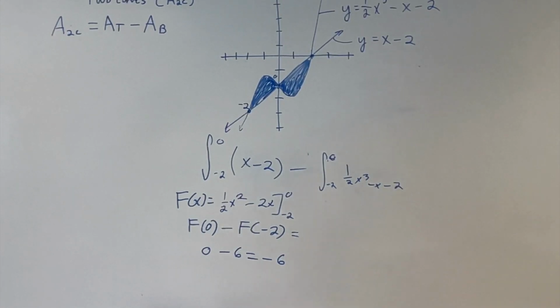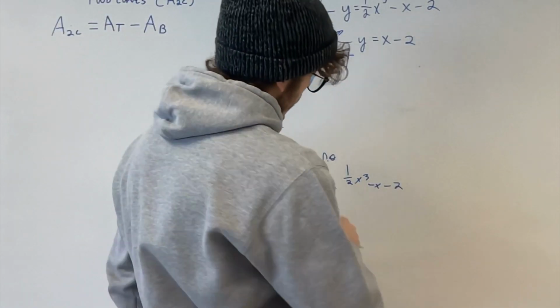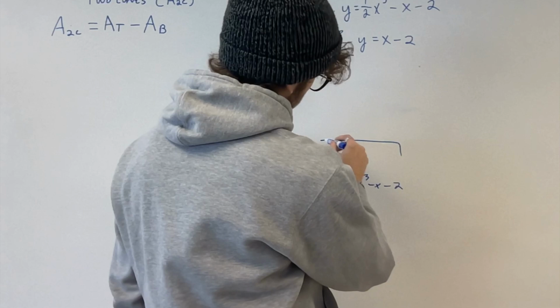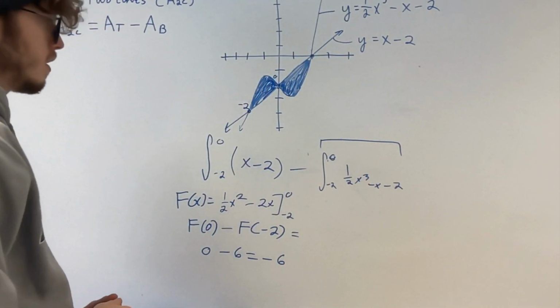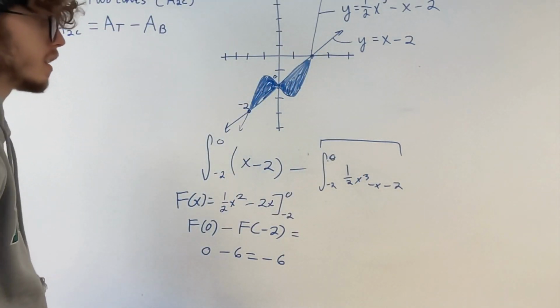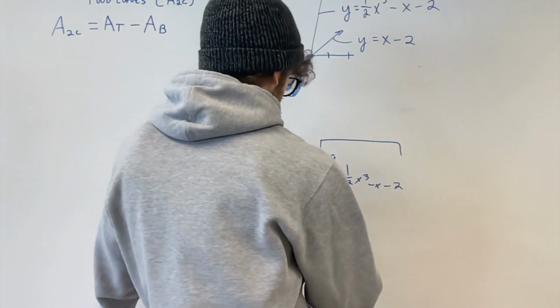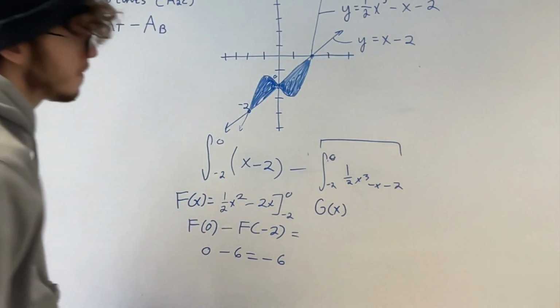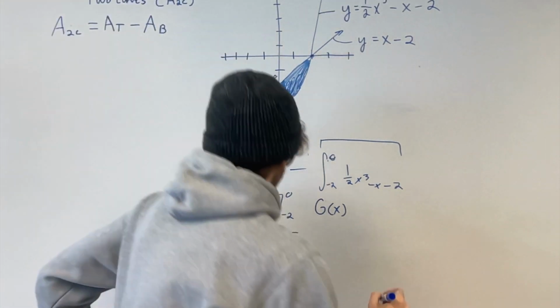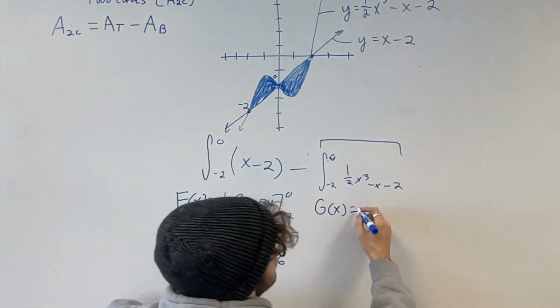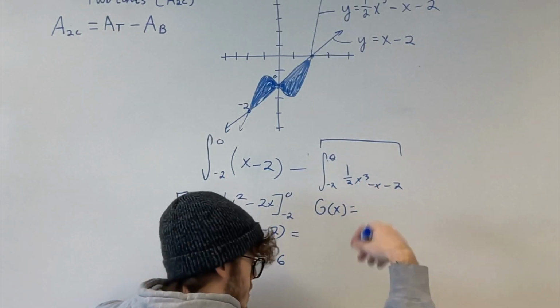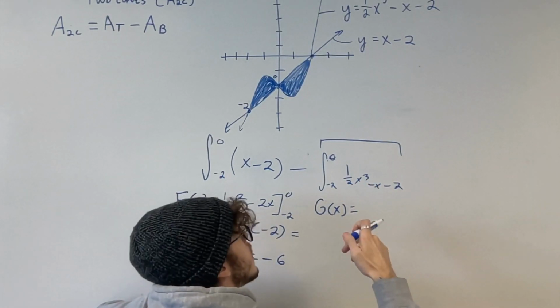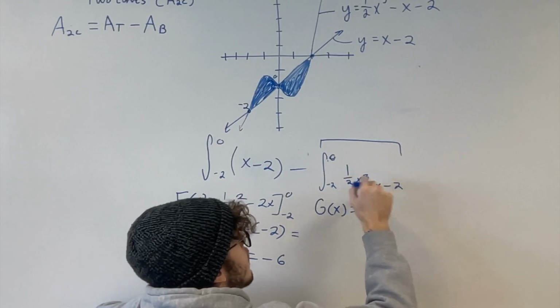Alrighty, so we then want to subtract that by this function evaluated at the interval. We're finding the integral of that. We'll call this g of x. G of x here is going to be equal to, and now remember your power rule for integrals, that states this would be over 4.